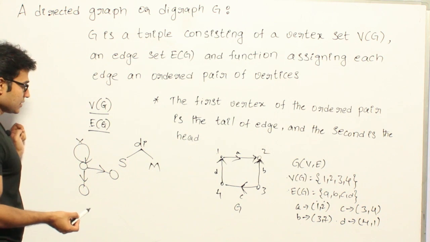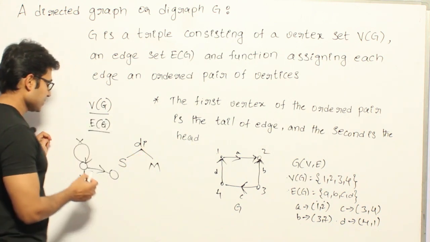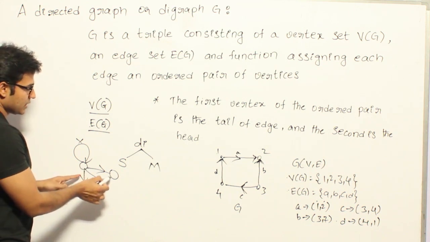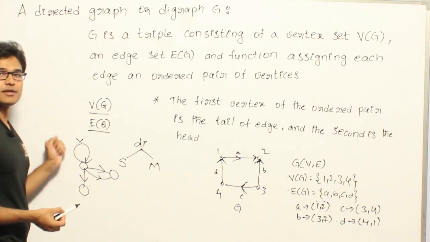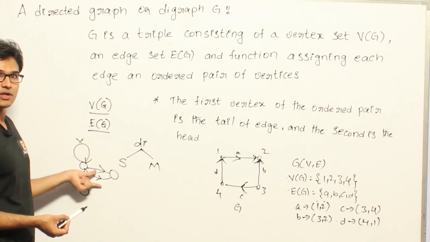And the second condition is, there should not be any multi edges. So what is a multi edge? If I have two edges which have the same head and same tail, like this, then this is a multi edge. This is not allowed.